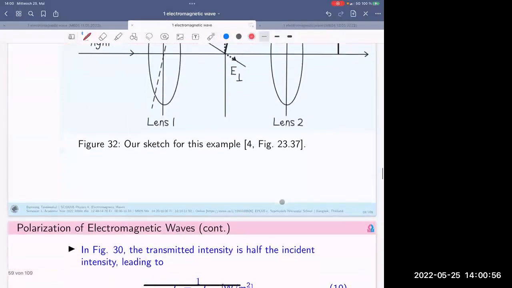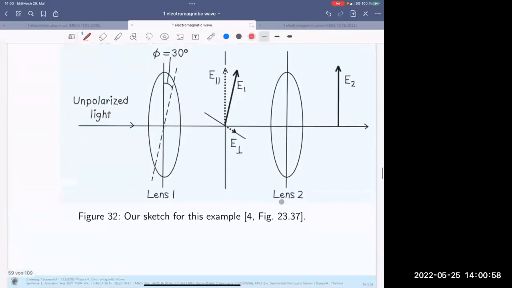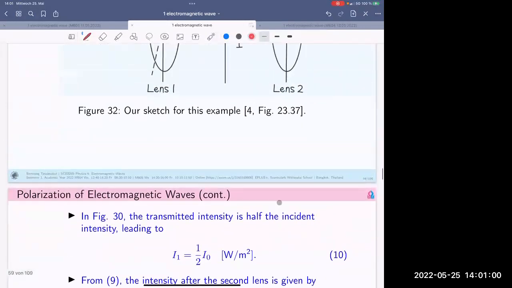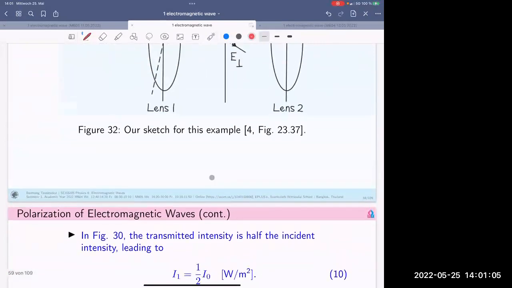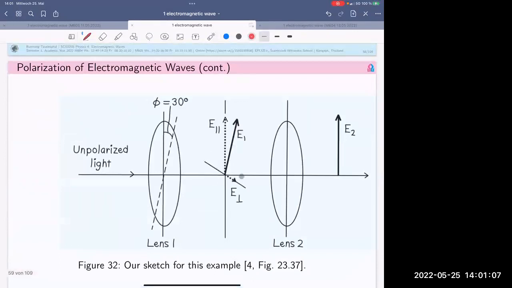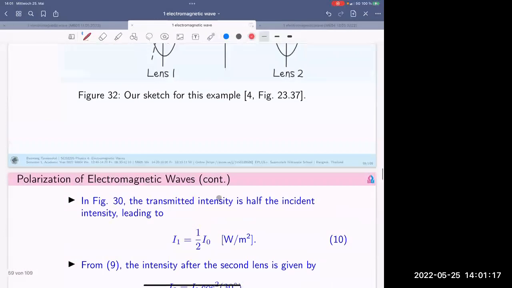We could do it by using the Malus law. But anyway, after the first lens, the intensity will be reduced. Okay, the intensity will be reduced by 50%. So the intensity that you can observe after the first lens will be 50%, or it's 1/2 in terms of mathematics.